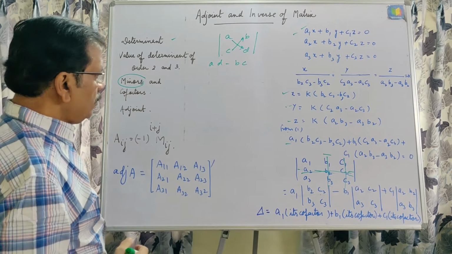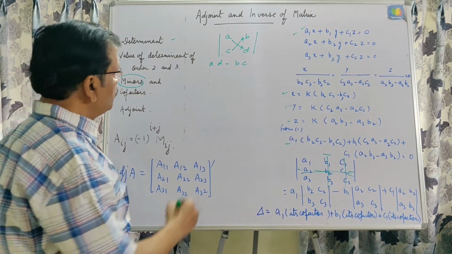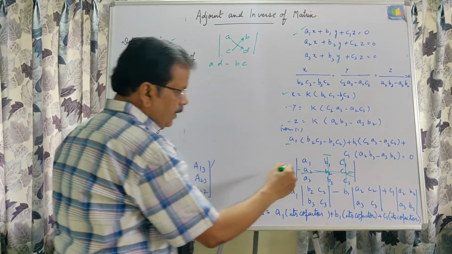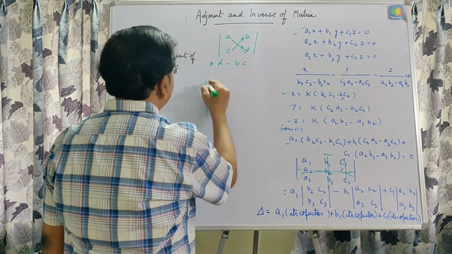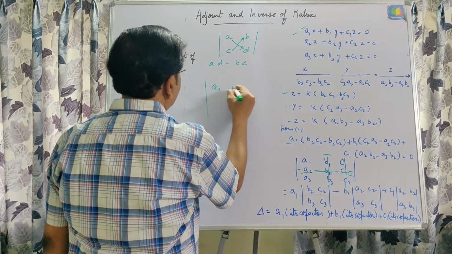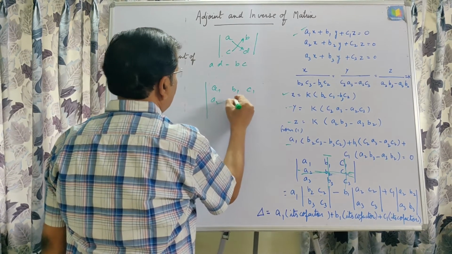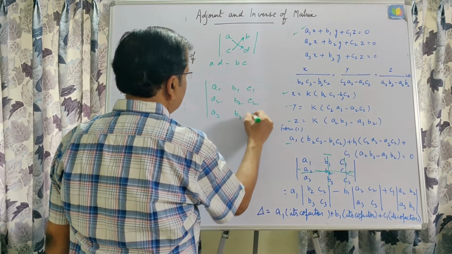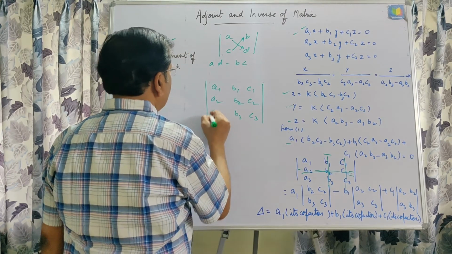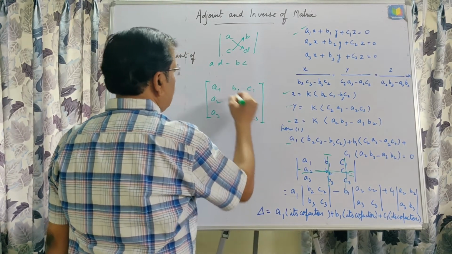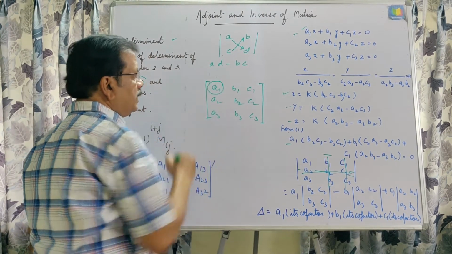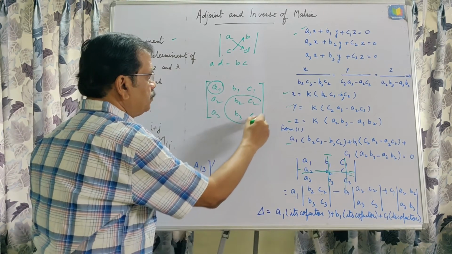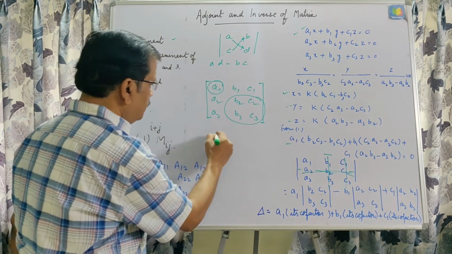Now minors of any matrix: suppose we are given any matrix, and then we write it in determinant form, say this is A1, B1, C1, A2, B2, C2, A3, B3 and C3. Okay, then the minor of this value, that is first row, first column, will be B2, C2, B3, C3 in determinant form.